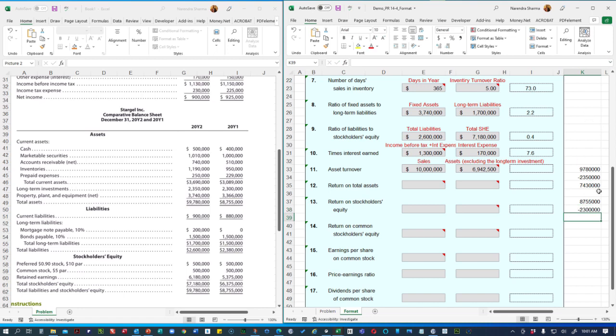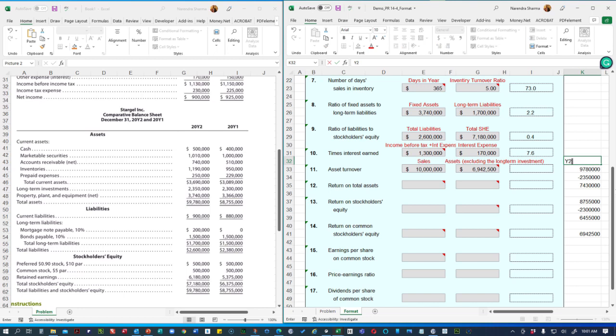Okay, so if you do that, if you sum them up, you get this figure. So now what we are going to do is this figure plus this figure, and close the parenthesis, divide by 2, will give you that 6,942,000. So that's how we did that.